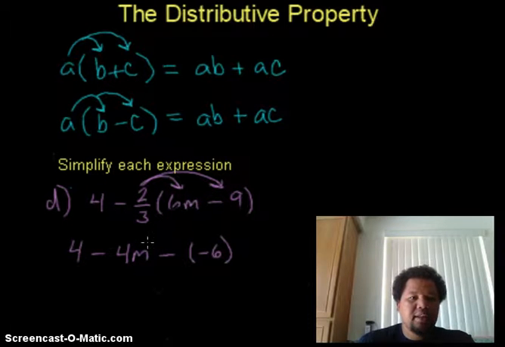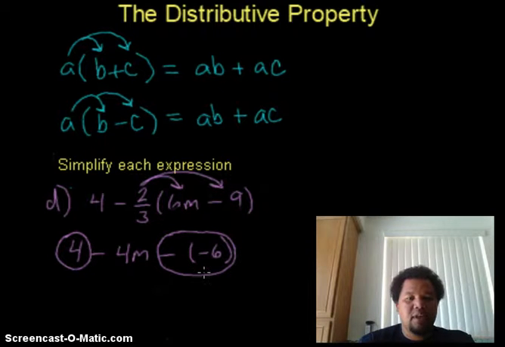So now back to this problem right here. We are on 4 minus 4m, take away a negative 6. Again, we do have some like terms with the constants, the 4 and this minus a negative 6.